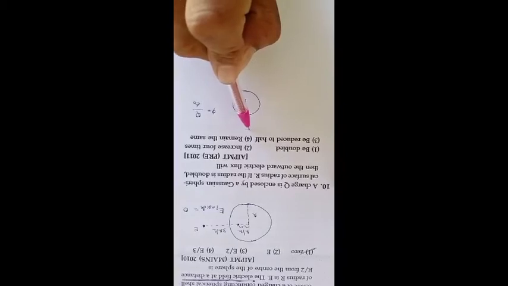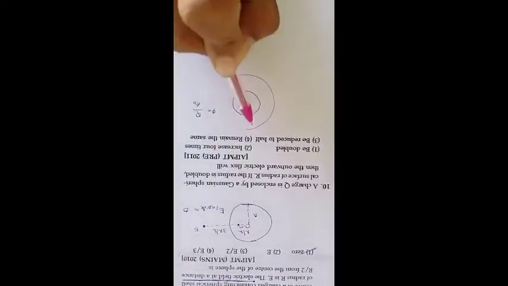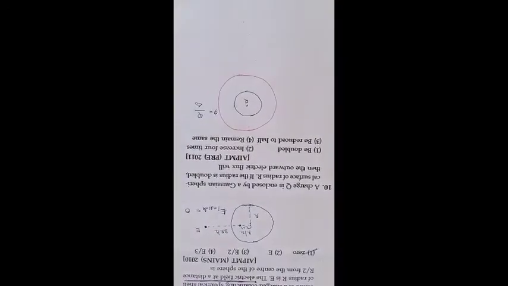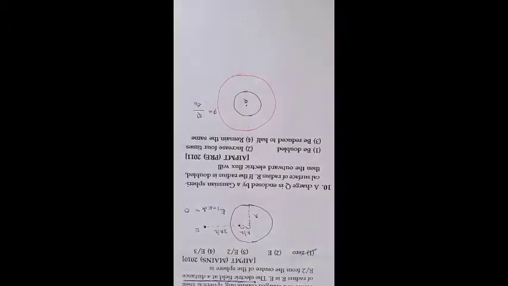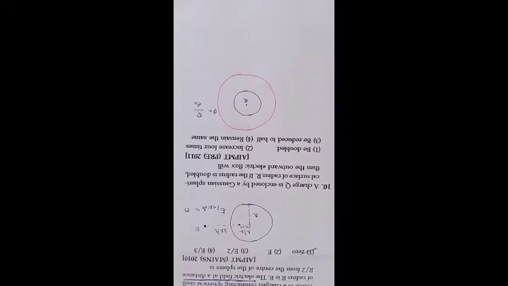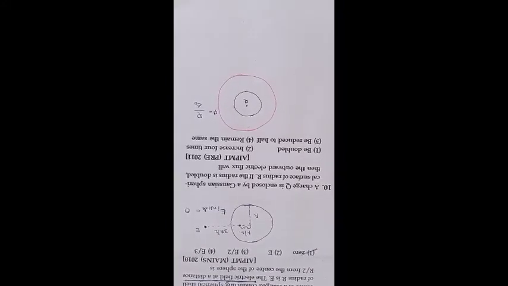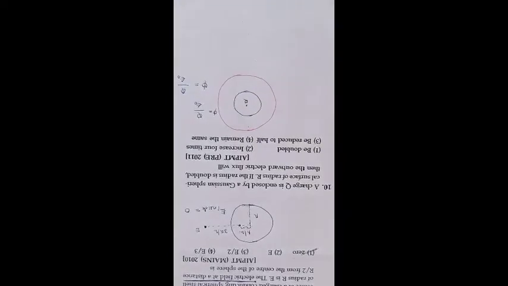Now instead of taking a Gaussian surface of radius R, I am drawing a Gaussian surface of radius 2R around it. Whether the radius is R or 2R, what is the charge inside the sphere? Q only. When charge is not changing, flux will also not change. Phi is equal to Q by epsilon naught.